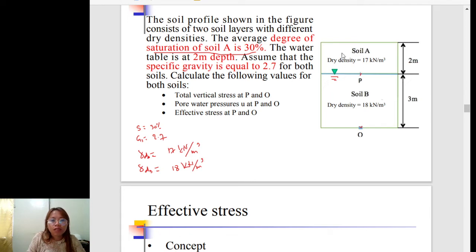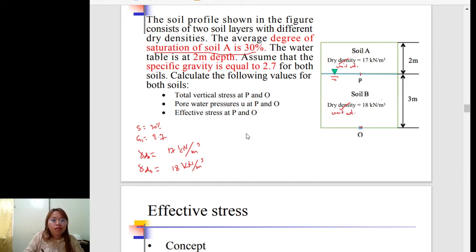Dry density meaning dry unit weight ni siya, because the unit is kilonewton per cubic meter. No? But kung ang density ni mo diri is kilogram per cubic meter, that is density. But this one, this is dry unit weight. Kay basin maglibog mo, unit weight.